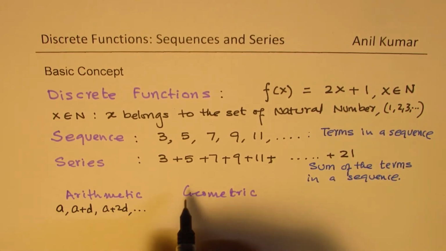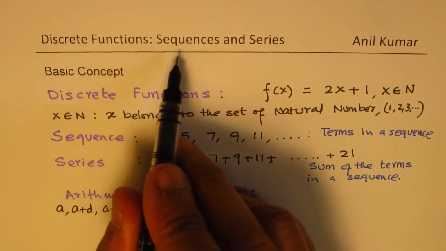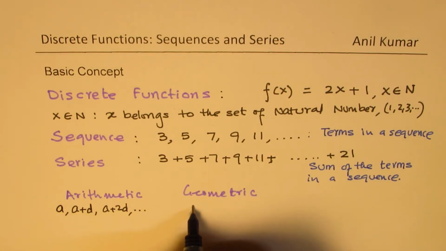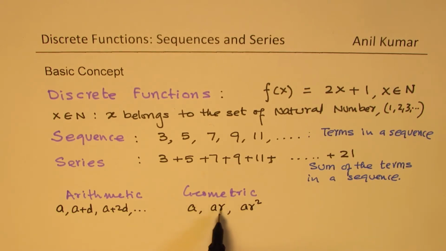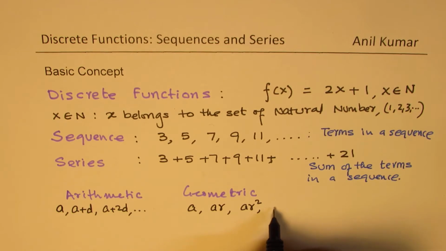And in a geometric sequence, we'll concentrate more on sequences, the first term is A, the second is AR, the third term will be AR square. So there is a multiplying factor R, and that is how it is going to progress.